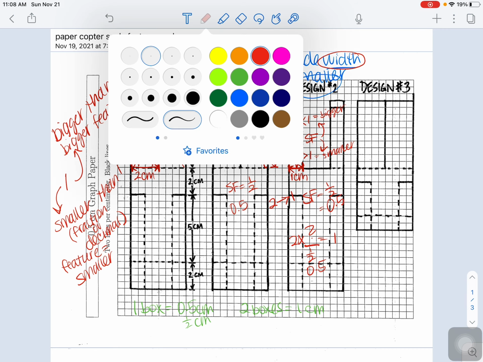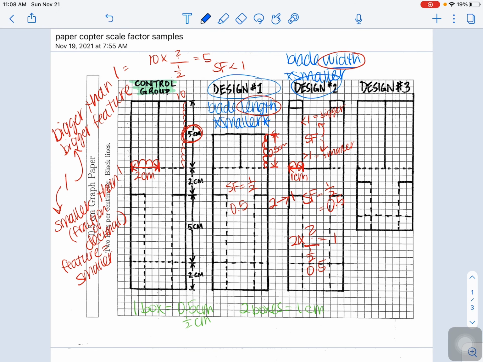All right, let's jump into design number 3. Let's see if we can figure this one out together. So design number 3. So first things first, remember we want to identify what is changing between the control group and design number 3. So identify what the independent variable is. Remember, you can look up on the front board.